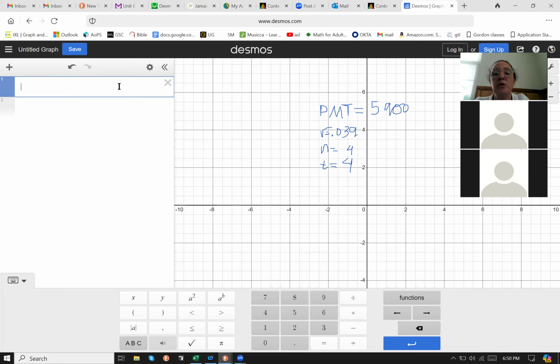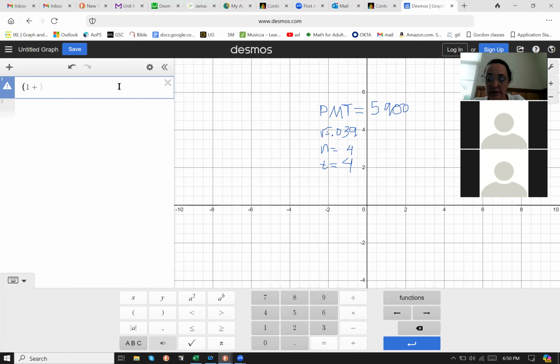I'm gonna save multiplying by 5,900 till the end, because you've got all this other stuff that you have to take at times. So the first thing I want to do is the 1 plus I, which is that interest rate divided by the number of compounding.